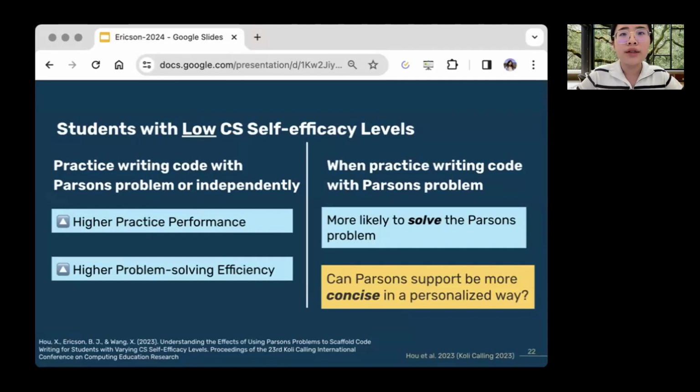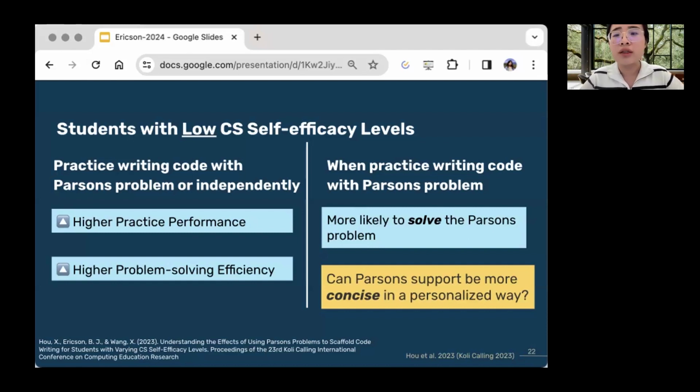Conversely, students with higher self-efficacy tended to use the support in a more lightweight way. For example, maybe they just scan the Parsons blocks without solving it, or they just do a little bit of drag and drop, or they even choose to solve problems independently. So this, of course, indicates their confidence in their abilities, leading them to seek less external assistance.